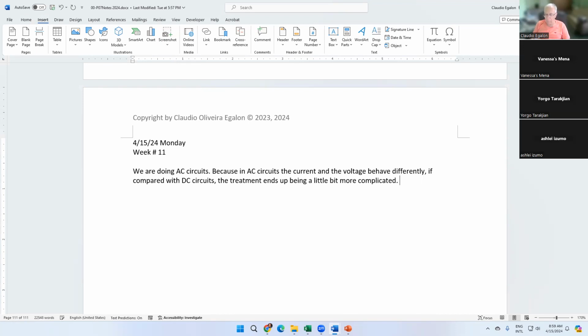Okay. The only similarity is in the AC circuit that has a single resistor. Okay?